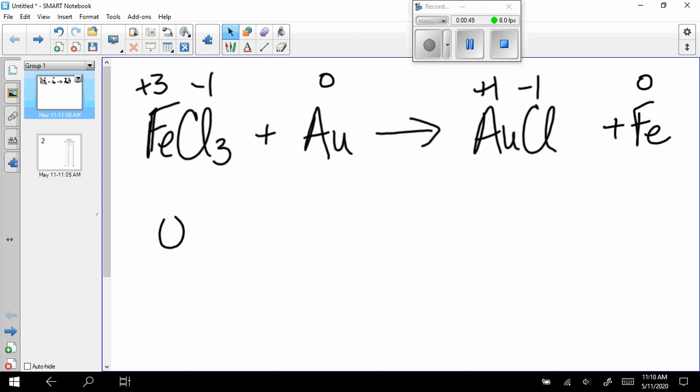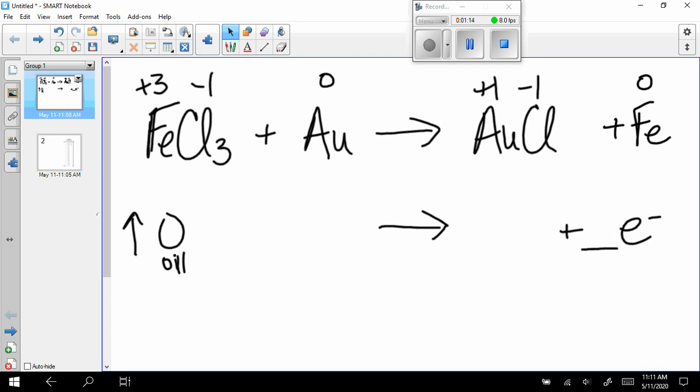Oxidation is when it loses electrons. So you can go ahead, do your arrow, and show that you're going to have plus electrons at the end because you're going to lose electrons. When you are oxidizing, your oxidation number goes up because if you lose a negative, you become more positive.